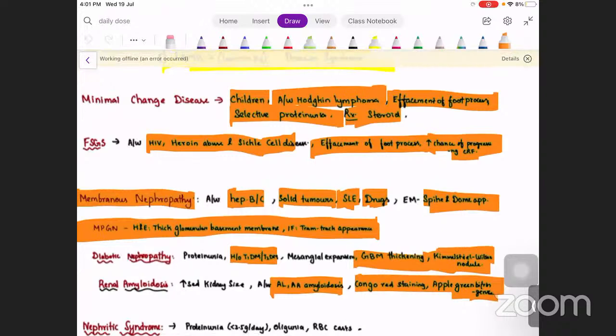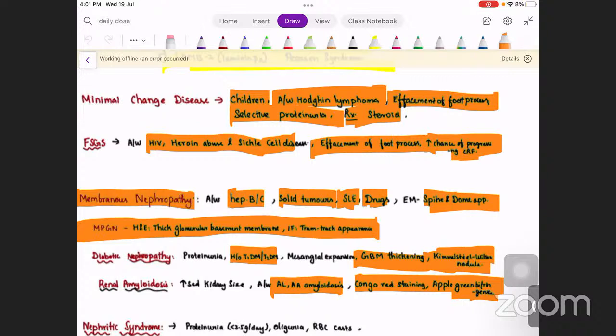So children, effacement of foot process: minimal change disease. Spike and dome appearance on electron microscope: membranous nephropathy. Tram track appearance on immunofluorescence: MPGN.